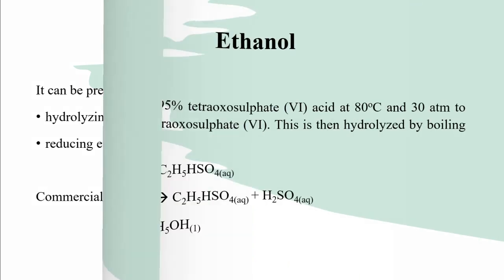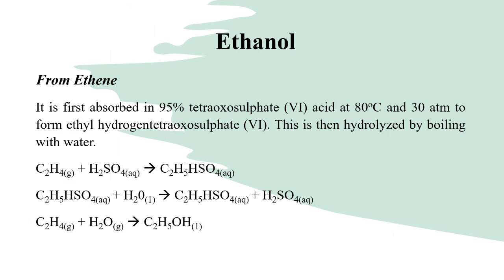Commercially from ethene, it is first absorbed with 90% tetraoxosulfate VI acid at 80 degrees centigrade and 30 atmospheres to form ethyl hydrogen tetraoxosulfate VI. This is then hydrolyzed by boiling with water. When you boil it with water, you get your ethanol.